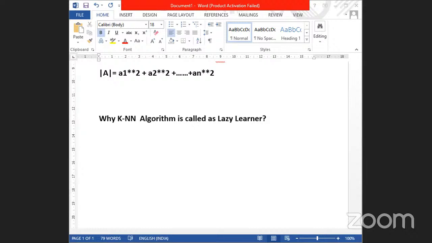So basically, what is KNN? KNN is a non-parametric algorithm, which means it does not make any assumption on the underlying data. It is called a lazy learner algorithm because it does not learn from the training data immediately. Instead, it stores the data and at the time of classification it performs an action on the dataset.